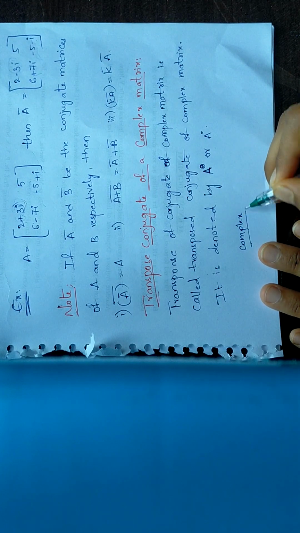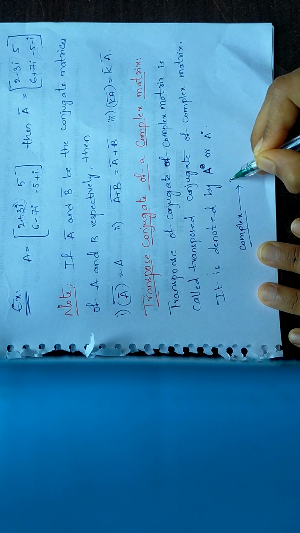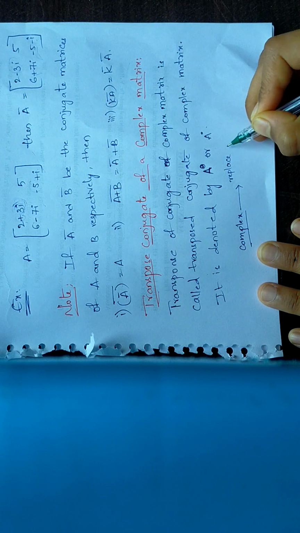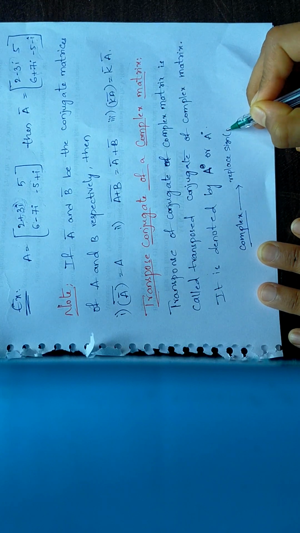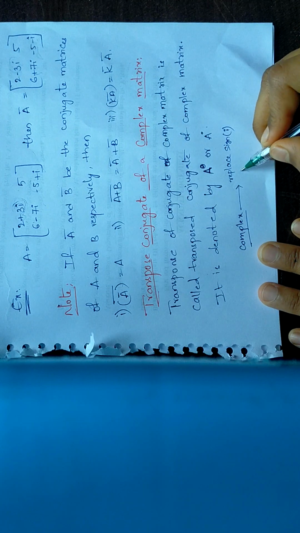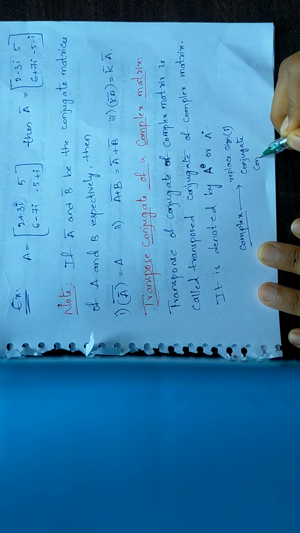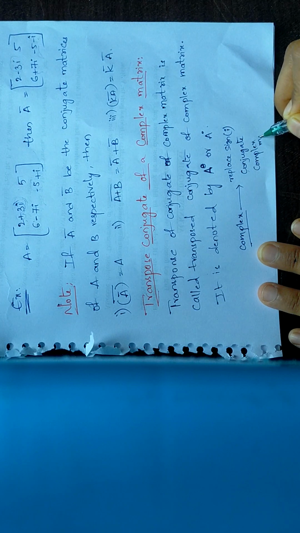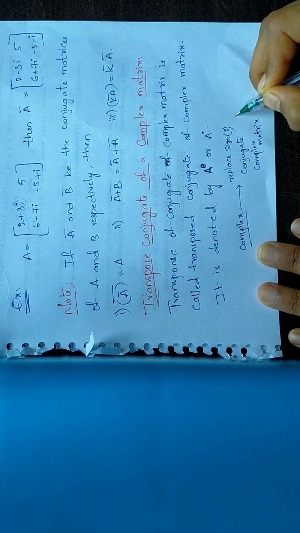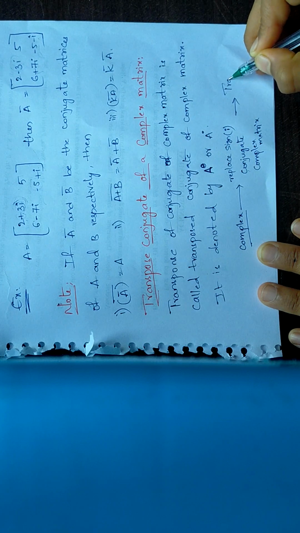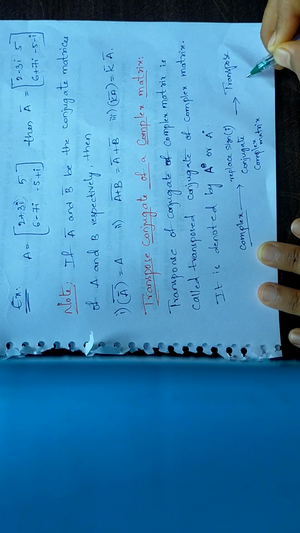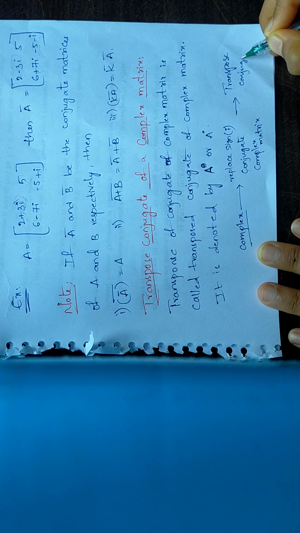Given question is complex matrix, we will replace the signs of i, that is the conjugate complex matrix, and for this conjugate we will find the transpose, that is the transpose conjugate matrix.